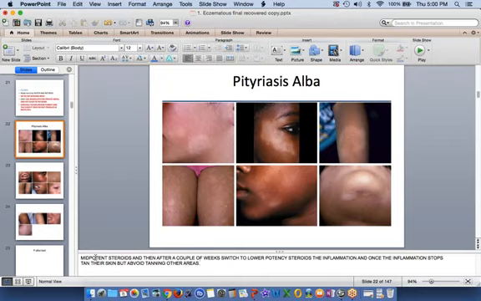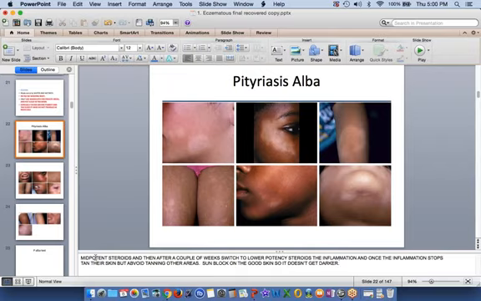Now, when I say that, I would put a sunblock on the good skin so it doesn't get darker. And then the pigmentation from the hypopigmented patches will catch up to their normal skin.